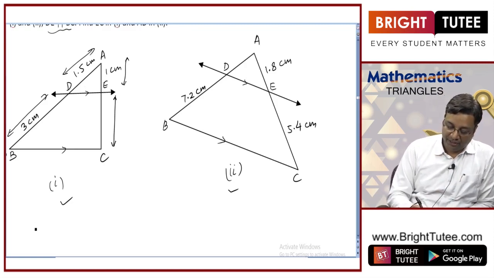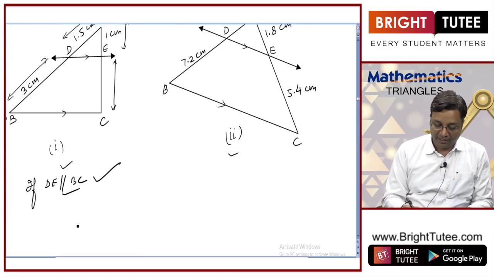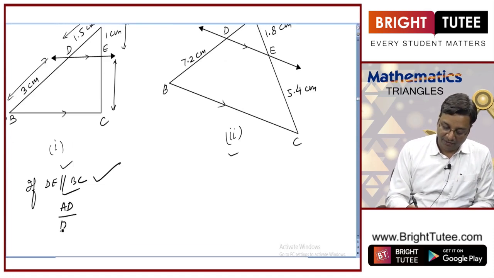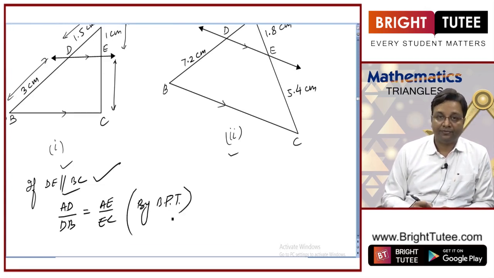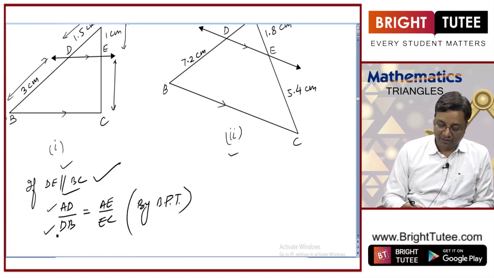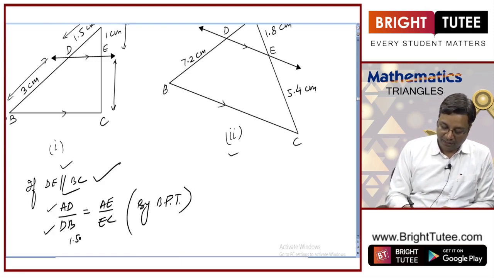So using BPT we can say if DE is parallel to BC, which is given, then we can say AD by DB is equal to AE by EC, and you can write by basic proportionality theorem. Right. Now these two are given, AD by DB is 1.5 by 3, and it should be equal to AE by EC.